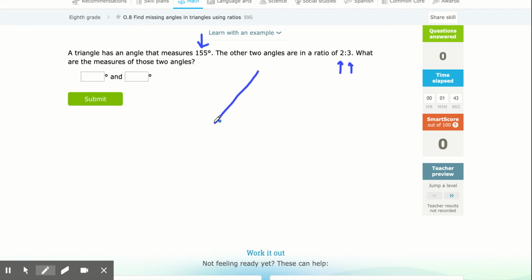What I like to do, and you don't have to draw the figure, but I'm going to show you how the figure helps. I know one angle is 155, and the other two are in the ratio of 2 of some unknown measure, so I'm going to put 2x, and 3 of some unknown measure, so I'm going to put 3x.